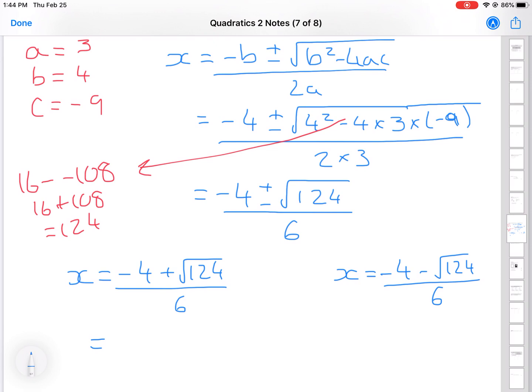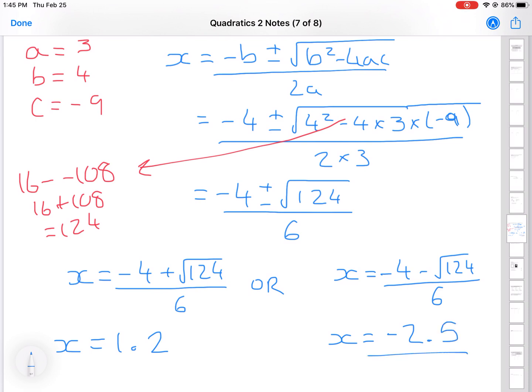So I would do minus 4, put that in brackets, plus root 124, hit equals, then hit divide by 6, and we get 1.2 for the first value of x. And the second value of x has to be negative 4 in brackets again, minus square root 124, divide by 6 equals negative 2.5.